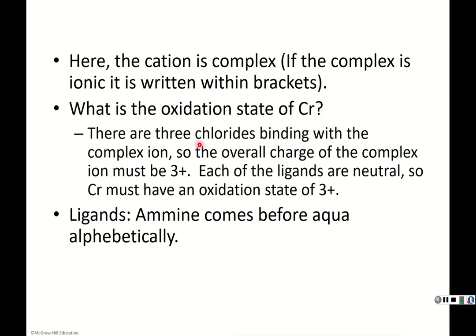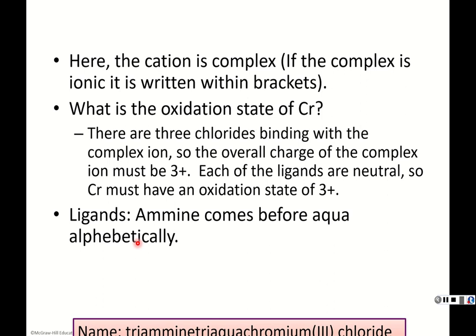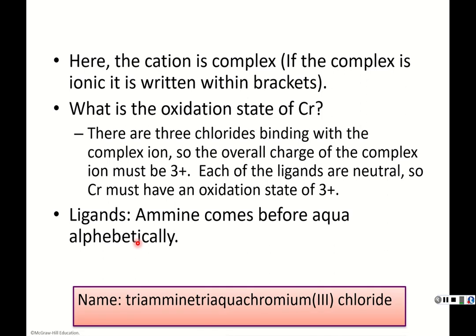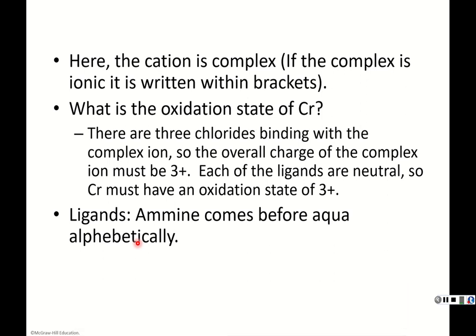We have 3 chlorides balancing it, so we have to have a +3 complex ion. Each of the ligands is neutral, so chromium must have an oxidation state of +3. So for the ligands, amine comes before aqua alphabetically. I'm not sure why the formula isn't showing up here, but let me just write it.